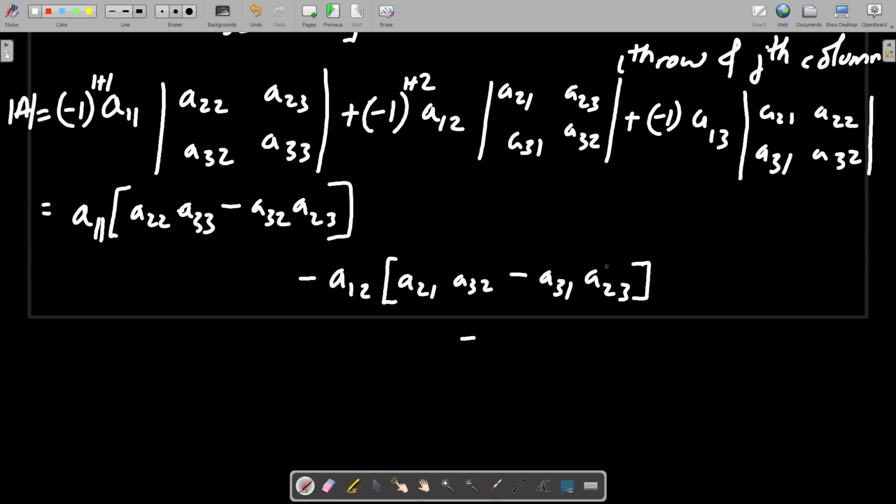Next is going to be minus 1 to the power 1 plus 3. A13, the plus sign now. So it will become A21 into A32 minus A31 A22.